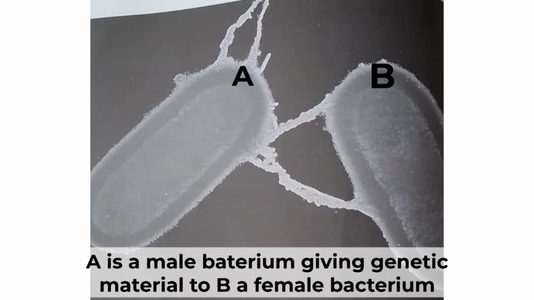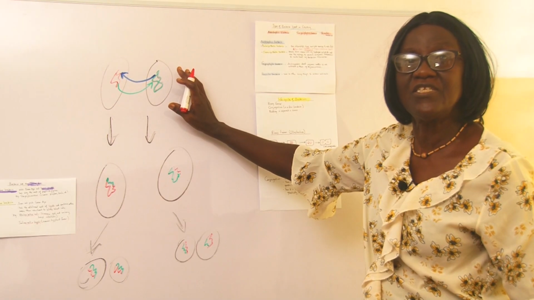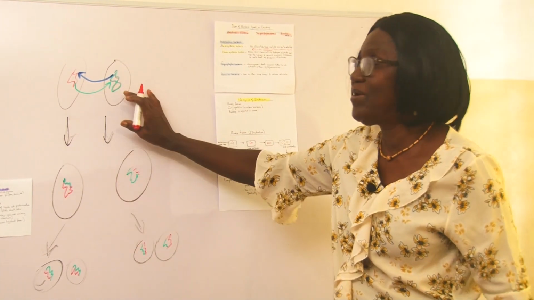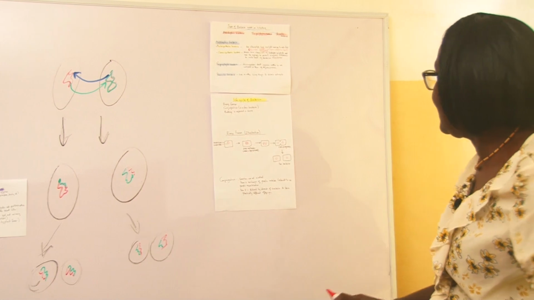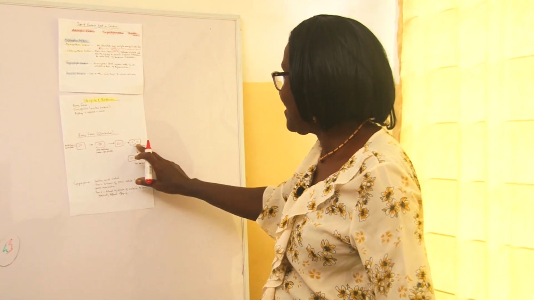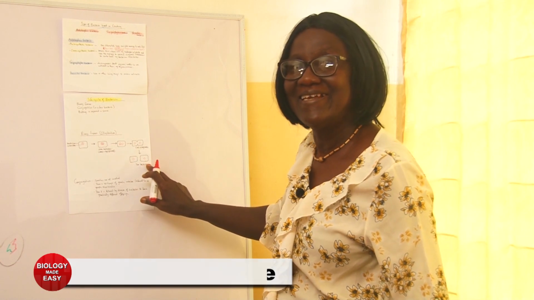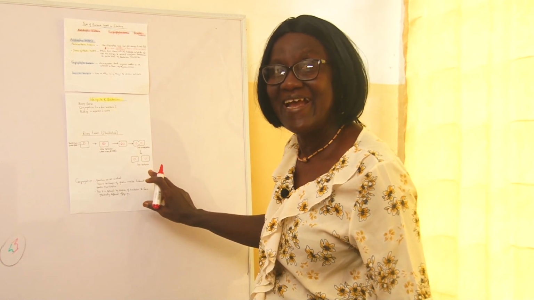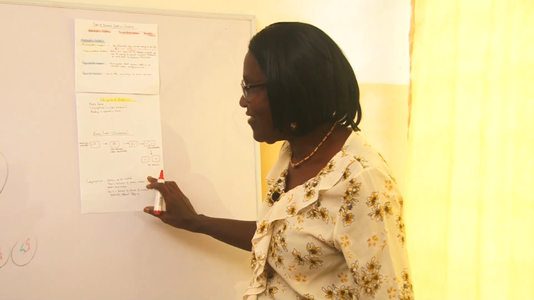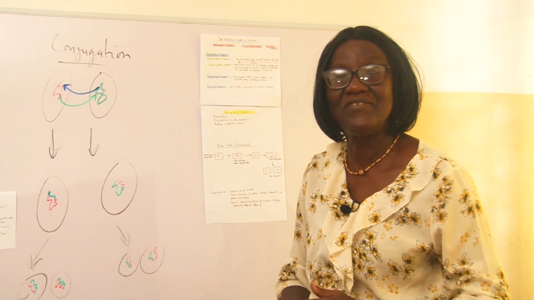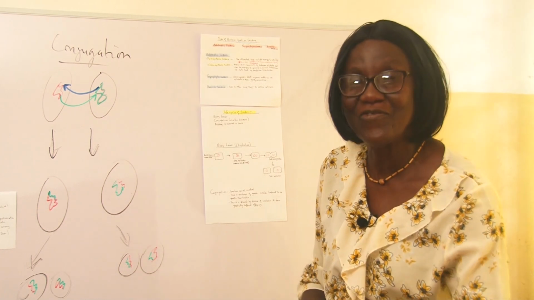The two are there, they all have their genetic material, they come together. Conjugation produces individuals that are genetically different from the parents. Meanwhile, binary fission produces individuals that are exactly like the parents, and it's fast. All right? So you can find out the importance of binary fission and the importance of conjugation.